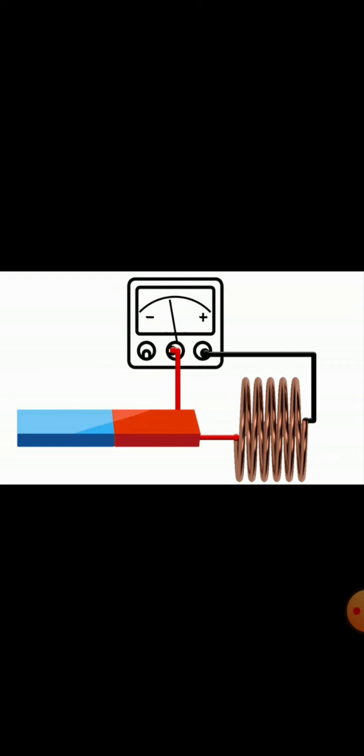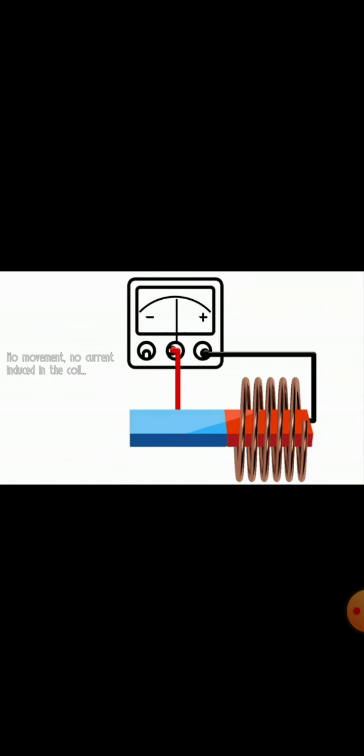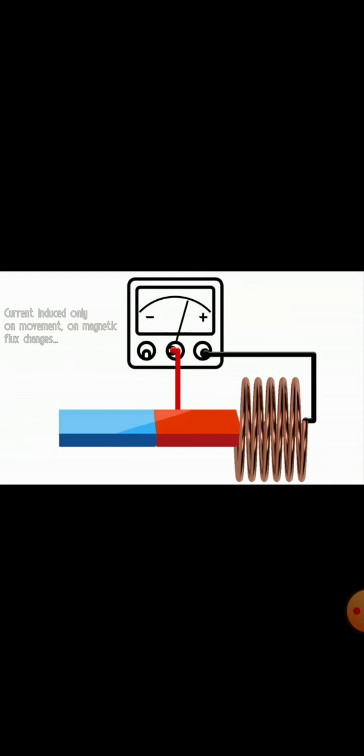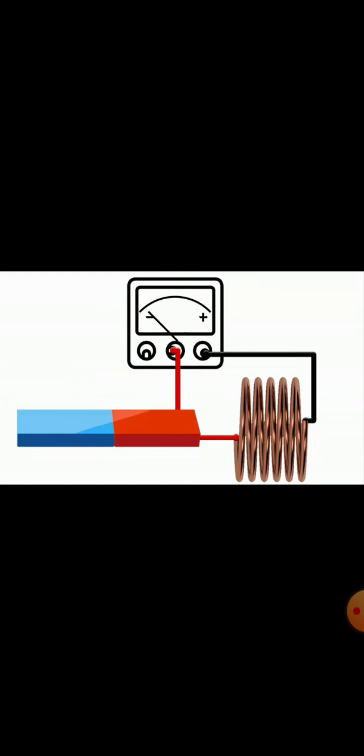Then it is in the center when there is no motion of the magnet, and in the last, when we withdraw the north pole of the magnet away from the coil, which means you are taking it back, then it is towards the left, which means the direction was opposite to the first situation. In the first situation, it was right side, and in the second situation, it was left side.